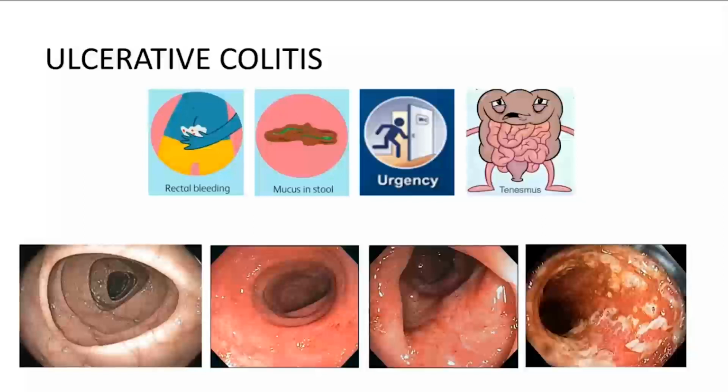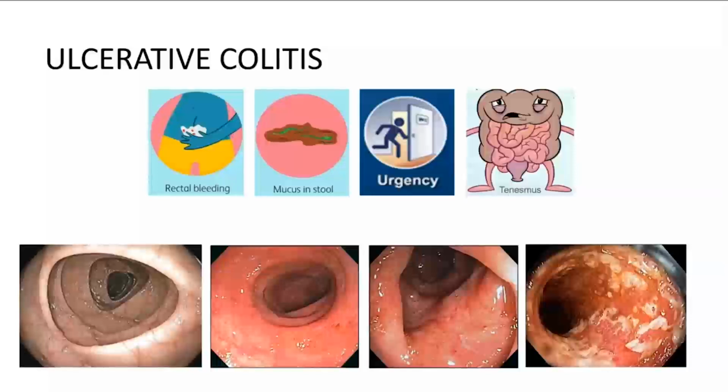This is one of the most frequent symptoms and presentations. Also diarrhea and mucus in the stool. And since you have inflammation of the rectum, you're going to frequently have urgency and tenesmus. So these questions are very important to ask in a patient where you suspect IBD. It's going to help you differentiate between both.